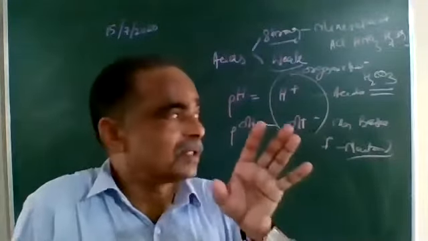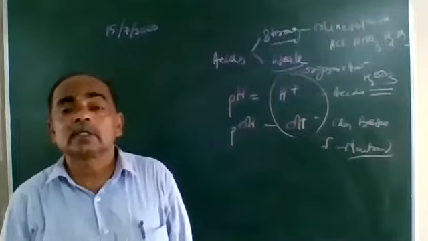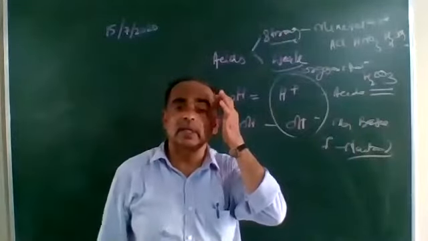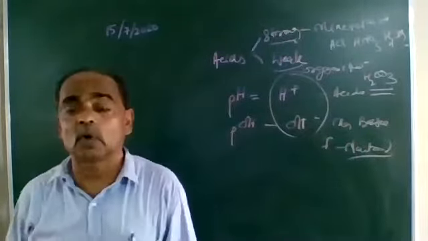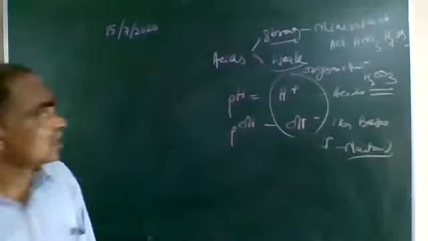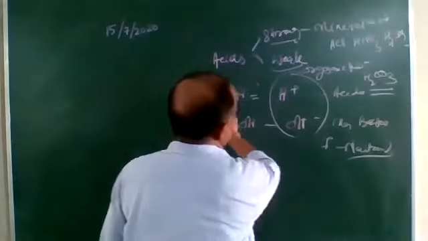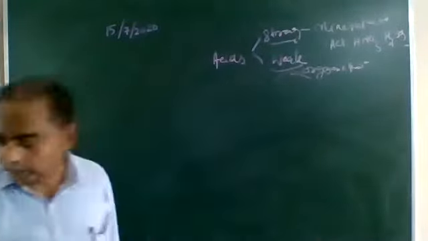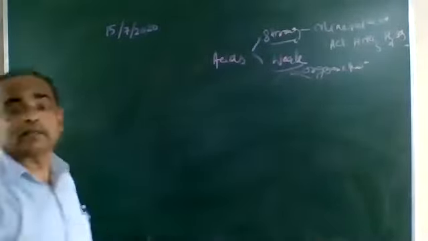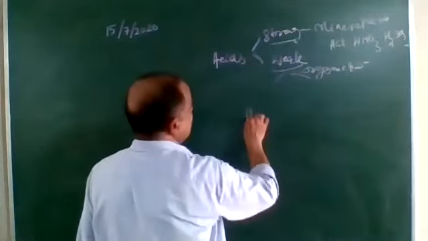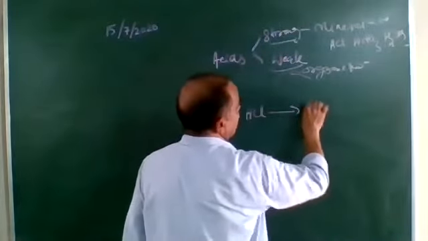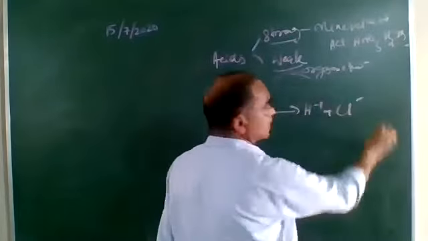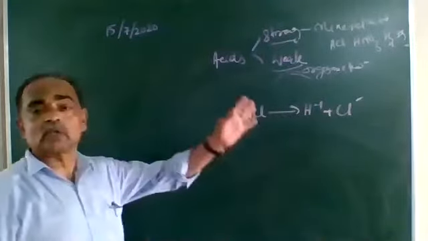Strong acids, the definition right now: strong acids are those which dissociate completely into their ions in water. Like when HCl is put into water, it splits into H plus and Cl minus. Complete dissociation.